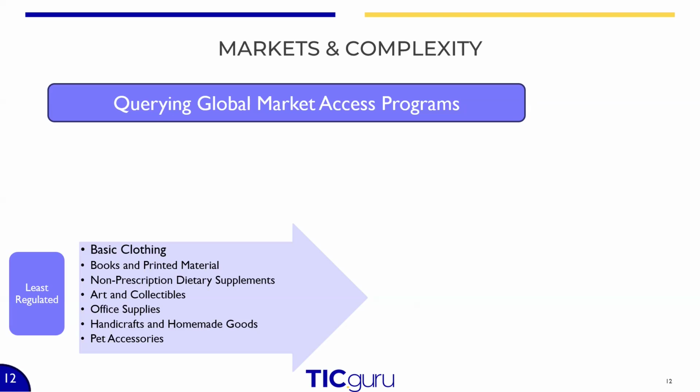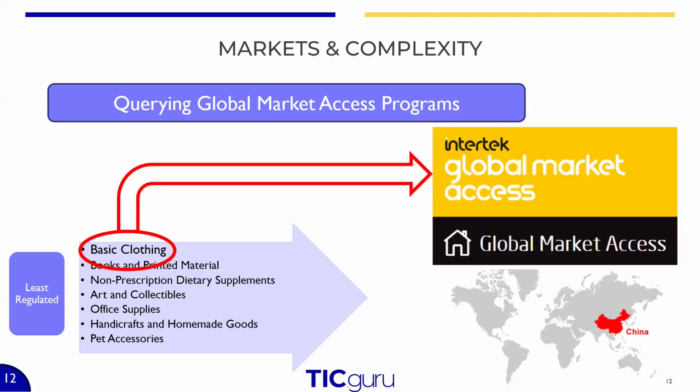A lot of companies do this. And I'm sure if you are in a large tech company, you probably have a business stream, or you're part of it, which offers what is called the Global Market Access Program. So I looked up one of these companies and I looked up basic clothing.